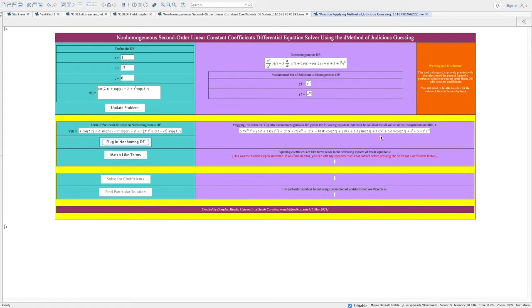And in order for that to happen, you have to match up each of the coefficients. So the cosine of 2t coefficient, 1, needs to be 2a minus 10b. E to the t's coefficient is 1, needs to be 2c, so I can see right away that c is going to be a half.